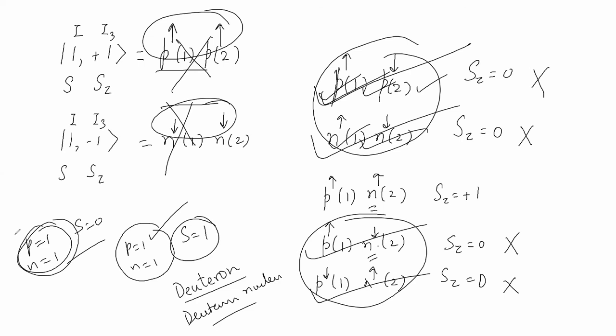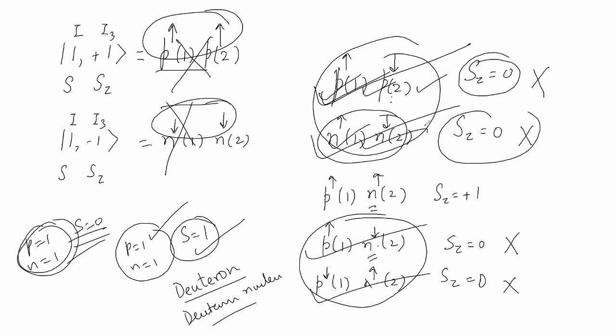And that is why we say that nuclear forces are spin dependent, because a proton-neutron system with spin 1 exists, but a proton-neutron system with spin 0 does not exist. 2 protons with a spin 0 state do not exist. 2 neutrons with a spin 0 state do not exist.